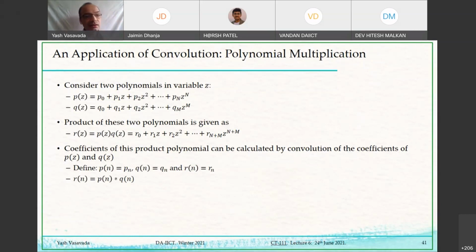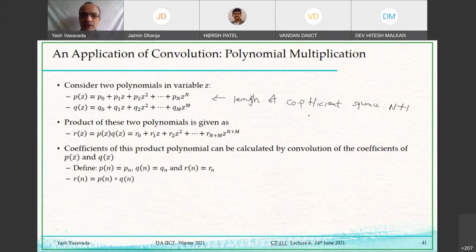Meaning that if I think of P and Q as sequences, the length of this sequence will be how many? N plus 1. Of coefficient sequence will be n plus 1.